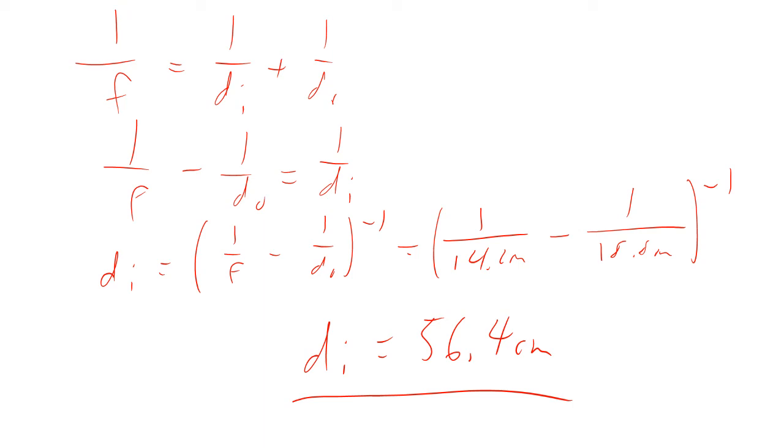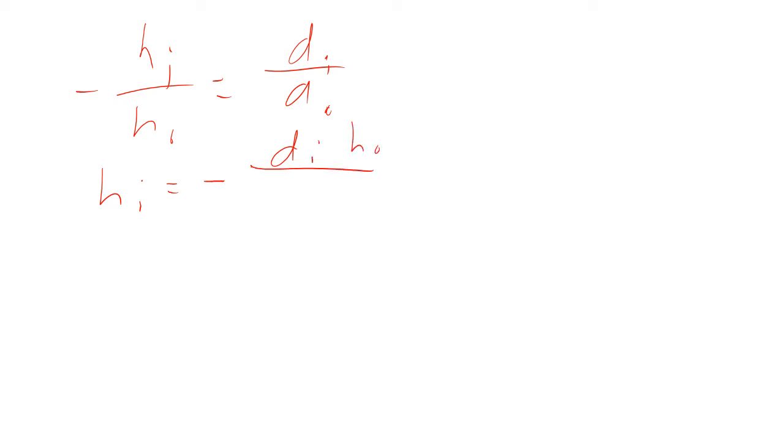Now, I asked for where. That's going to be the where. I also asked for the size. Well, we know that negative HI over HO equals DI over DO. Okay, so that means that HI equals minus DI times HO over DO.